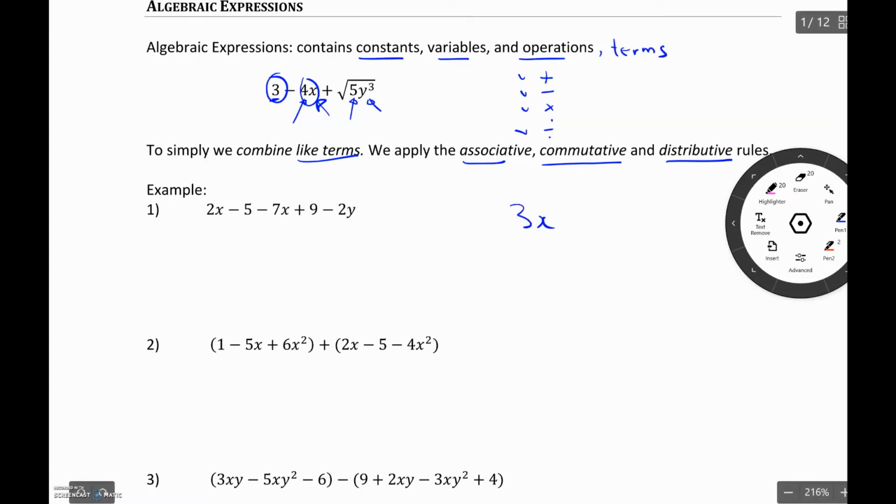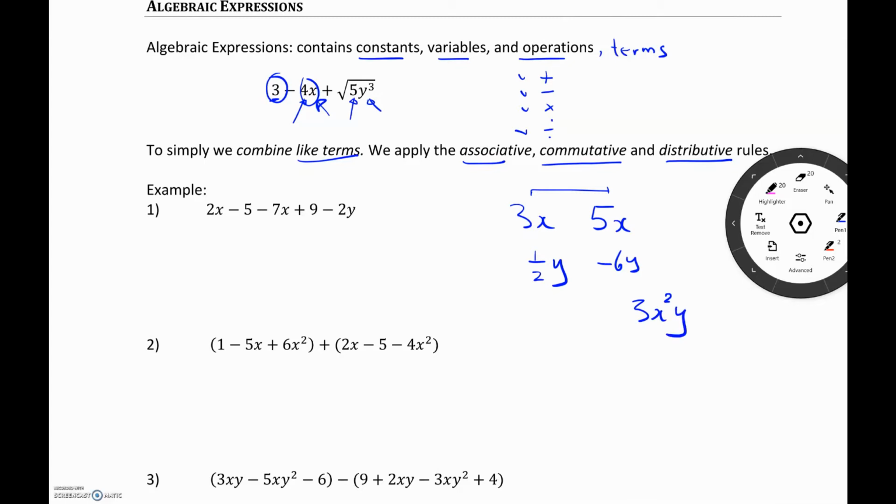If I have 3x, this is the same as 5x. These are like terms. Half y and negative 6y are also like terms. 3x squared y is a like term to negative 2x squared y.